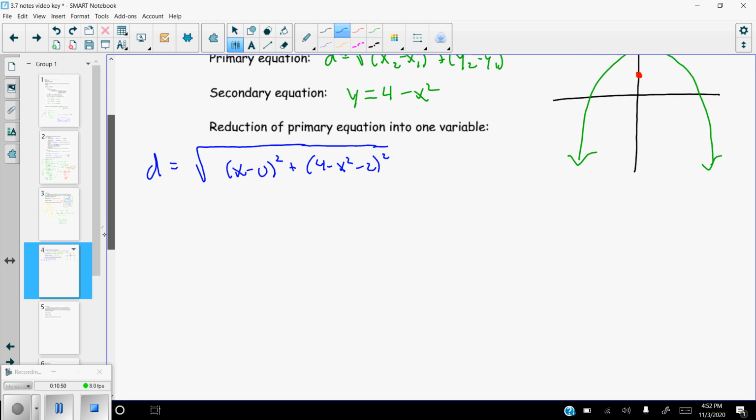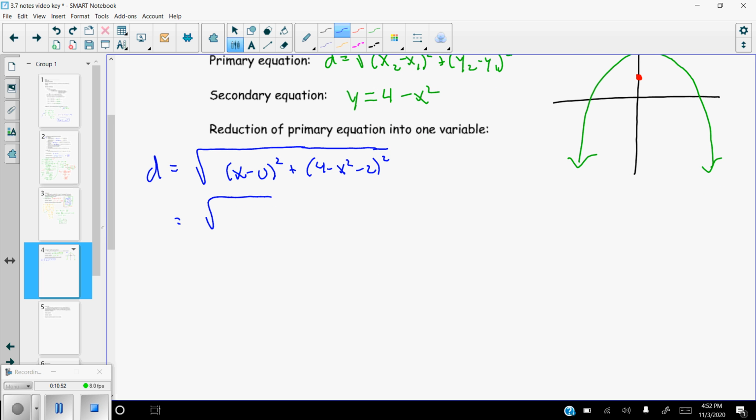Let's go ahead and reduce this. So x minus 0 is just x, so that's x squared. In the second parentheses, we get 4, and we got a minus 2, so that's going to be 2 minus x squared, squared. Let's go ahead and FOIL that out.